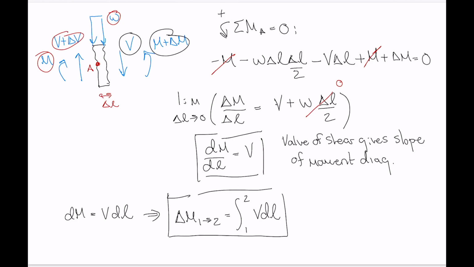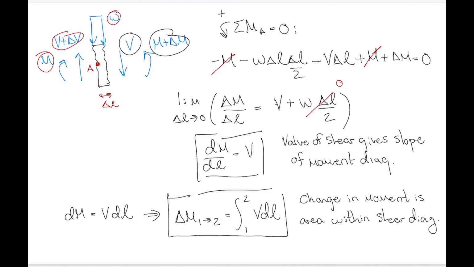So the change in moment between any 2 points on the moment diagram is equal to the area under the shear diagram between those same 2 points. Okay. Change in moment is area under the shear diagram.